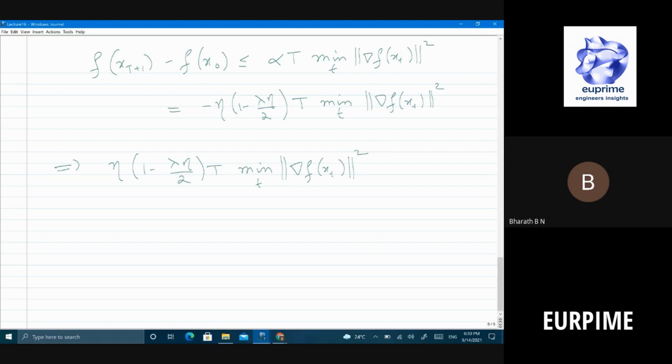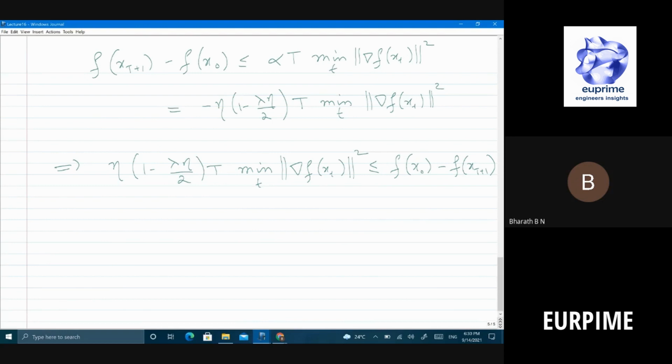Okay. Now right hand side is greater than or equal to left hand side. So if you have taken negative, it will be less than or equal to negative of the left hand side, right? So what is the negative? f of x_0 minus f of x_{T+1}. You agree? There was nothing wrong actually. It was fine. Good that I did something else, which also showed you the gap in terms of the gradient.